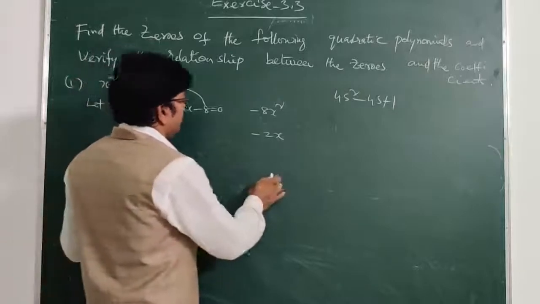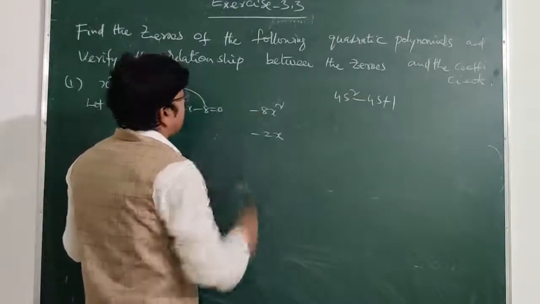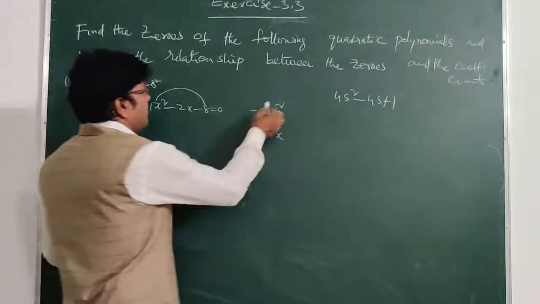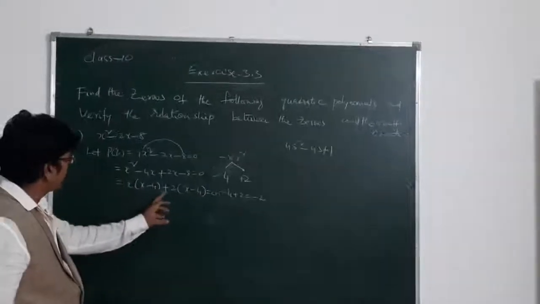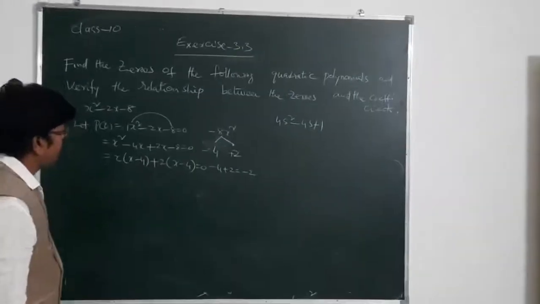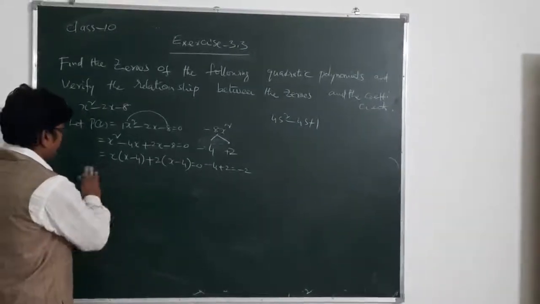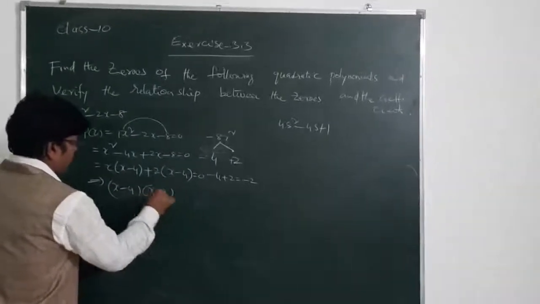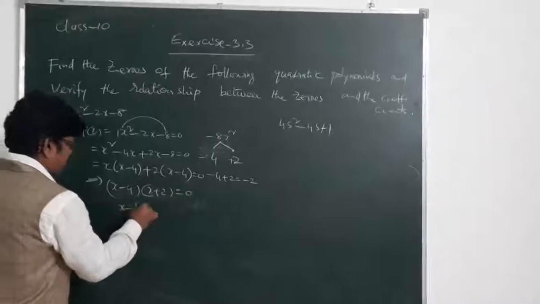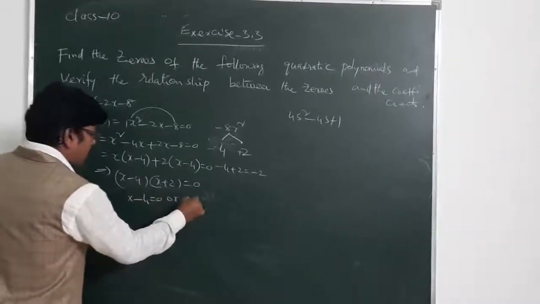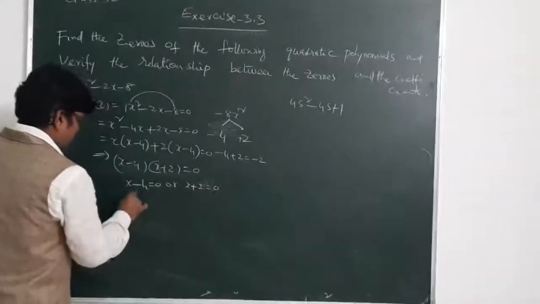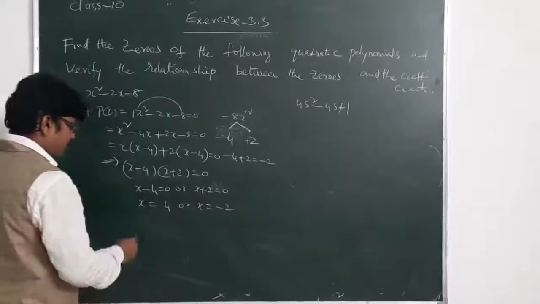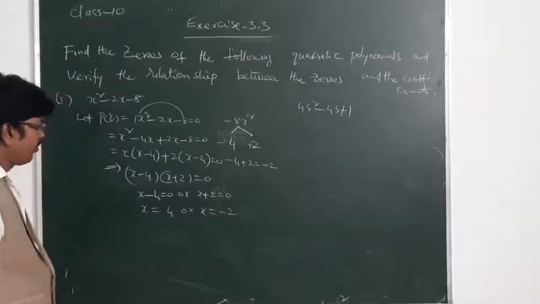So write those numbers: x square minus 4x plus 2x minus 8. Common x minus 4, so x minus 4 times x plus 2 equal to 0. X minus 4 equal to 0 or x plus 2 equal to 0. X equal to 4 or x equal to minus 2.